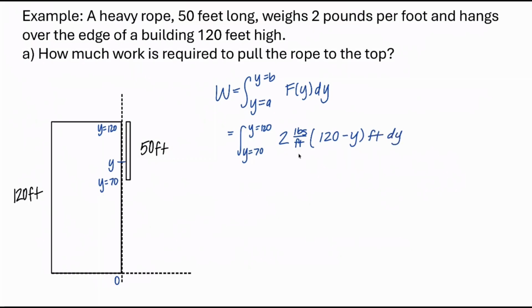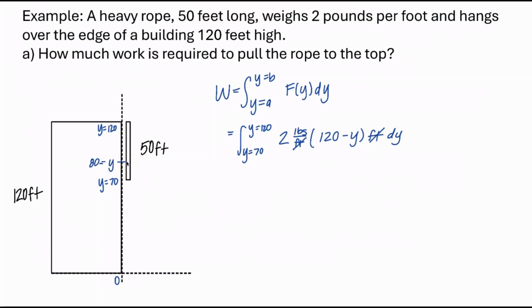Let's think about how the units of feet are going to cancel here. We're just going to have a force that is in pounds. So the force is the weight. And then let's make sure that this formula makes sense. Say at this random y value, y is equal to 80.